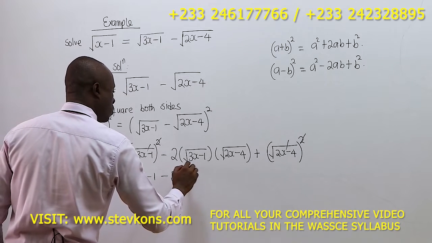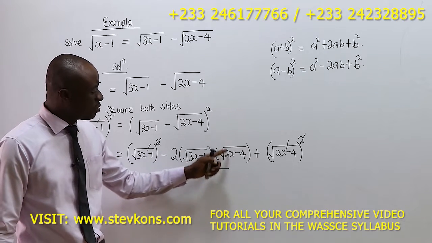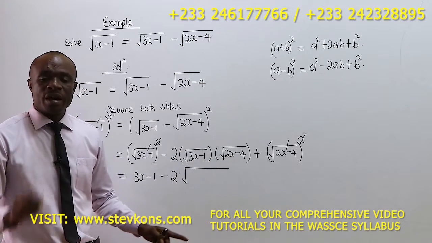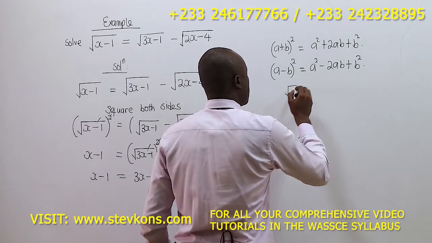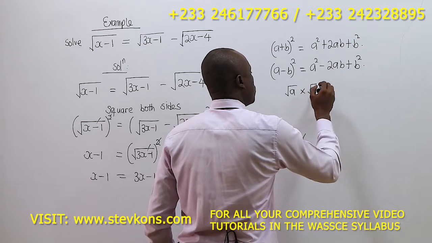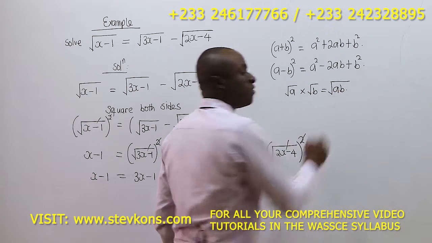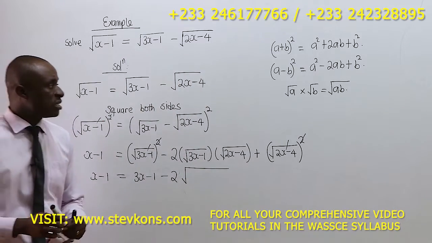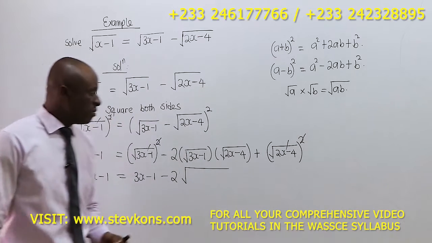Now, you see, we have root 3x minus 1 times root 2x minus 4. Now, we know that if you have root a times root b, this is the same as root ab. Very, very important. If you have root a times root b, this is equal to root ab.